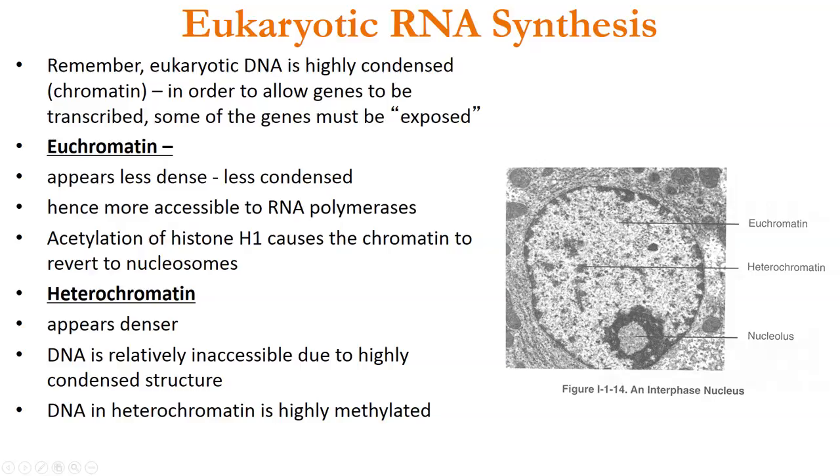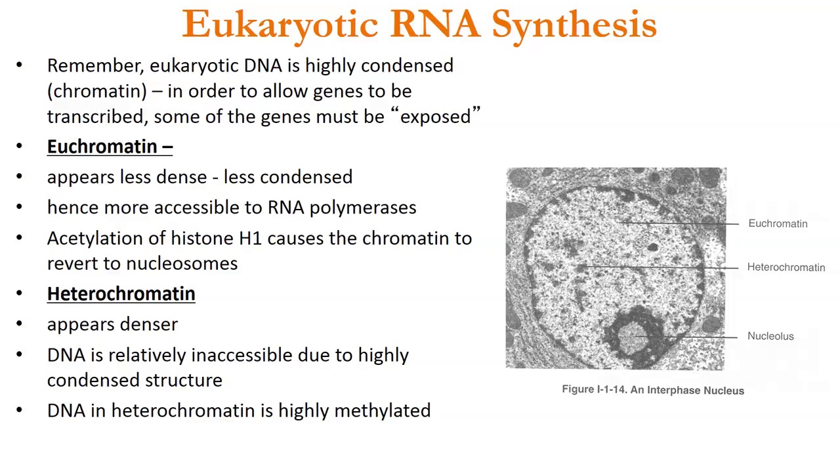How does that happen? Well, we didn't look at real high order structures, but we certainly talked about nucleosomes, and we talked about adding or removing histone H1. When you add it, it makes the nucleofilament, right? And when you remove it, it goes back to that beads on a string, those free nucleosome model. So if you acetylate it, you can actually revert to nucleosomes. What does the acetylation do?